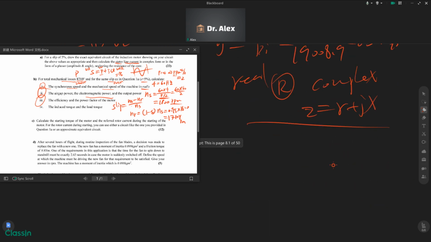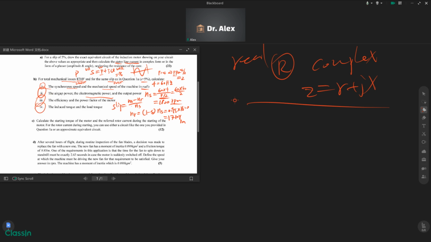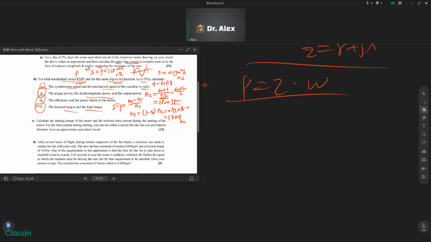All right, now the final question is asking us to calculate the induced torque and the load torque. The induced torque means what? First of all, P equals tau times omega. That's for our rotation system. The induced torque means the torque that generates the air gap power, and the angular frequency is the frequency for the stator.